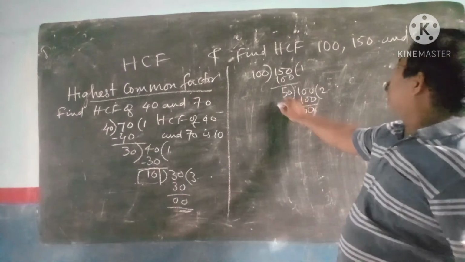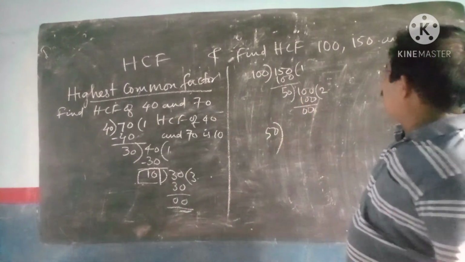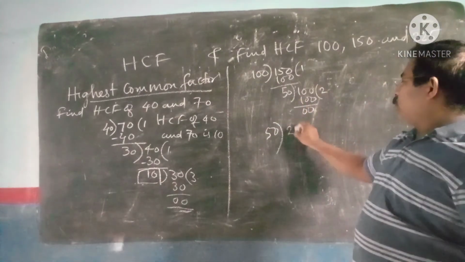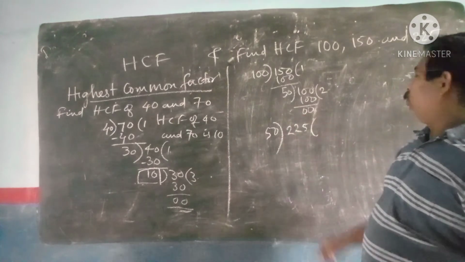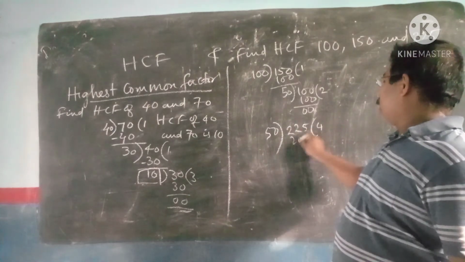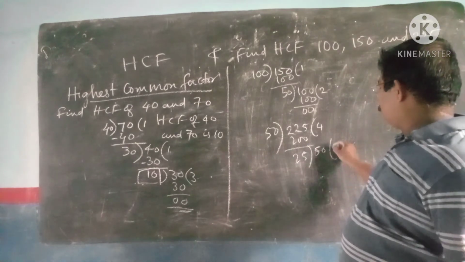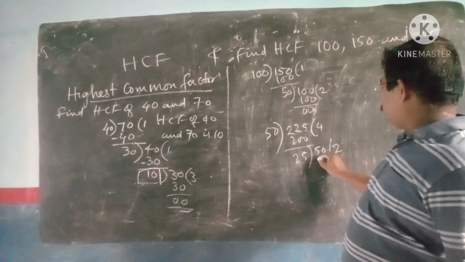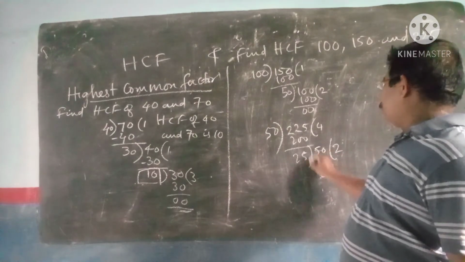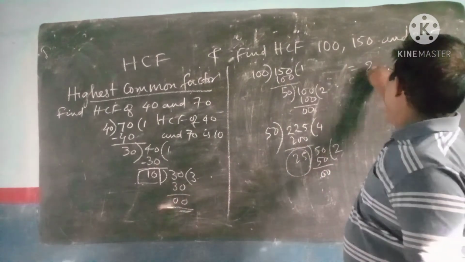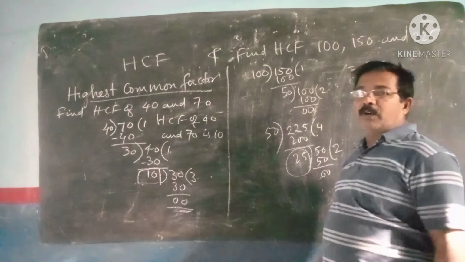Now we got 50. Now we divide 225 by this 50: 4 times 50 is 200, then 2 times 25 is 50. So the HCF of these numbers is 25.